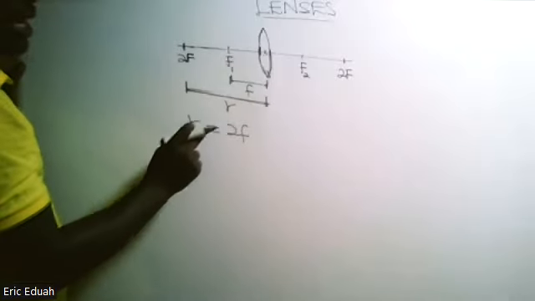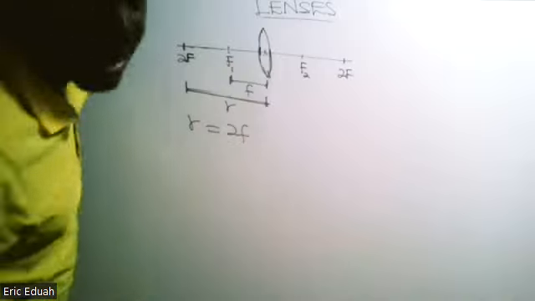The radius of curvature is equal to 2 times the focal length.